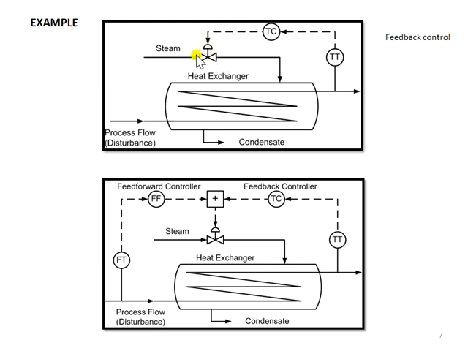So the problem is if the process flow becomes the disturbance. For example, the process flow rate changes from time to time.